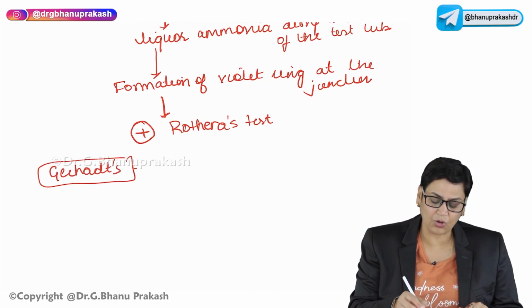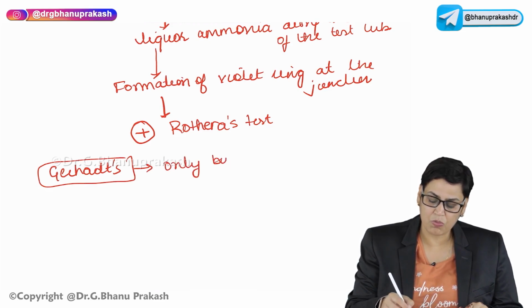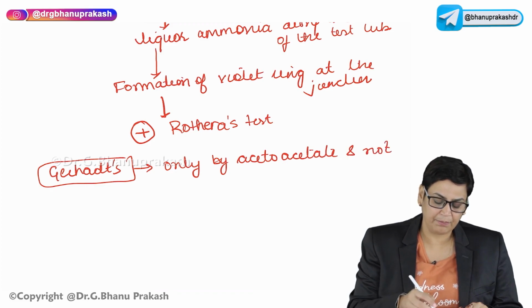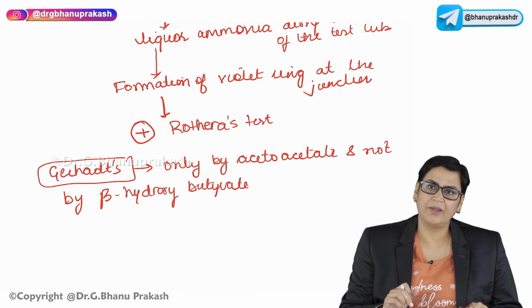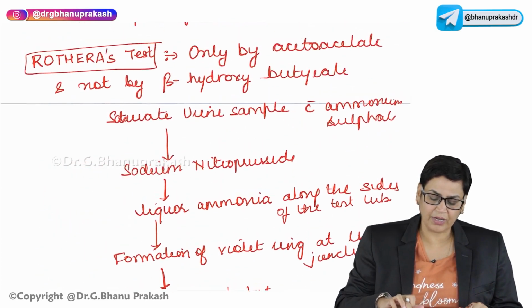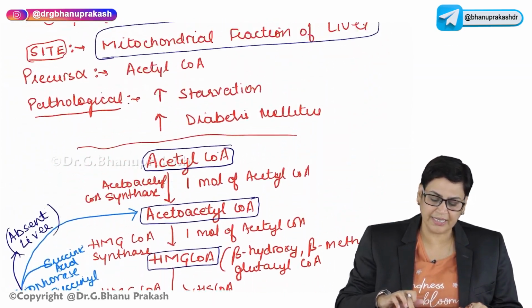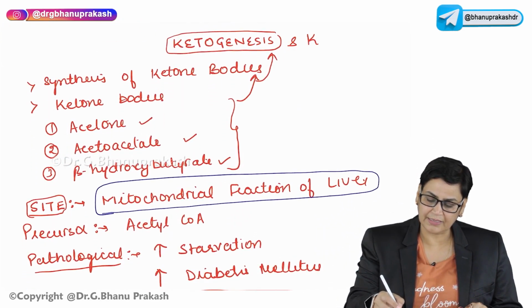In Gerhardt's test also, again it is given only by acetoacetate and not by beta-hydroxybutyrate. Right? So this is what is ketogenesis and ketolysis.